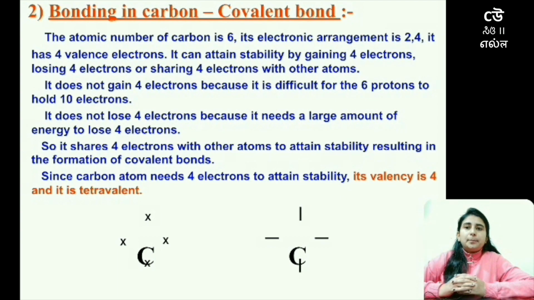So यहाँ पर every single element which is going to form a covalent bond will share electrons with each other. They are not going to lose or gain electrons. Instead of that, they will share electrons.